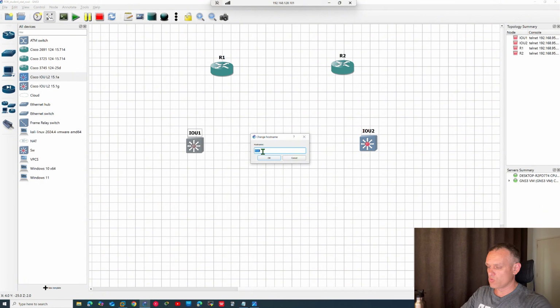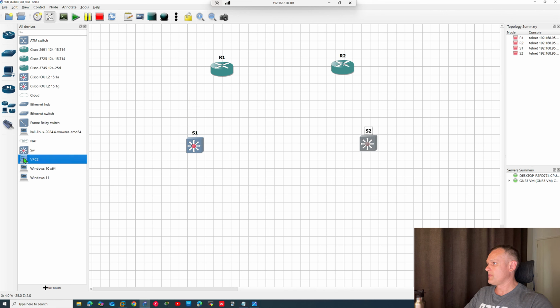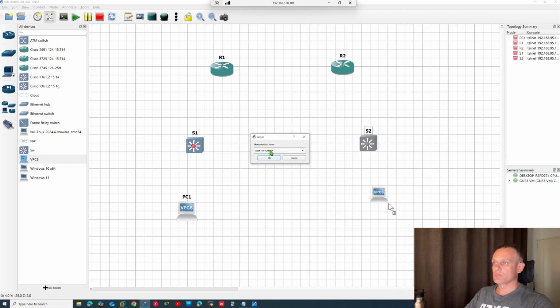Change the name: switch 1, S1, enter, and here S2, enter. Then I'm going to use this PC. We have to connect this not to the desktop but to GNS3 VM. Okay, one more, GNS3 VM.